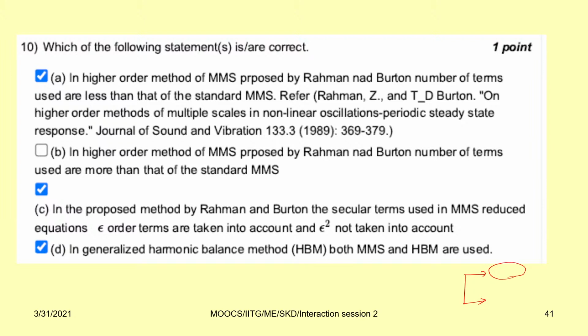When solving the order of epsilon square, we are not considering the terms present in the secular term of order epsilon. In that way some terms have been deleted. So this option is correct.